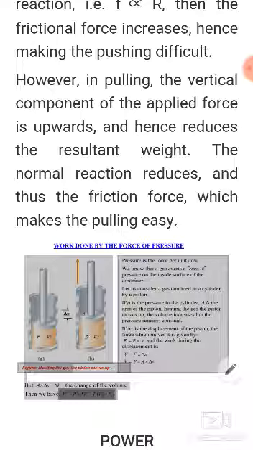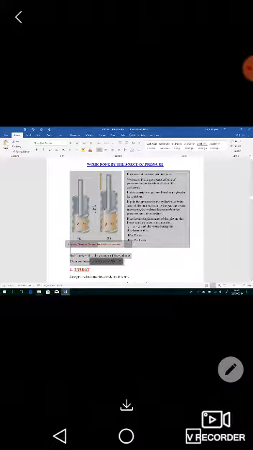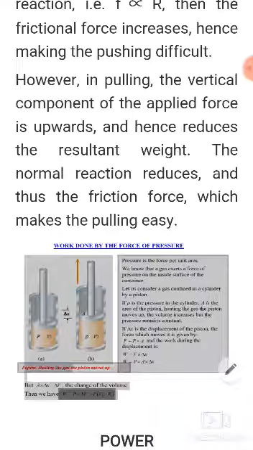Our work done is force times X. Now we substitute for force: pressure times area, then times the distance, which is X.